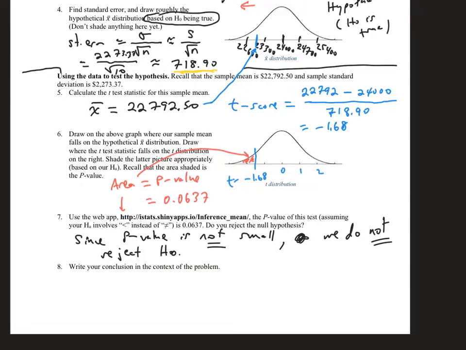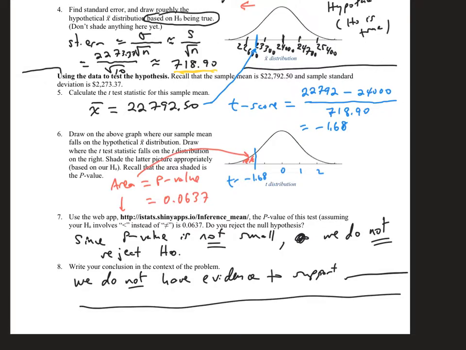So in the context of the problem, we would say we do not have enough evidence to support, and then I always do my best to just say in words as well as I can the statement HA. So not rejecting H0 means not supporting HA.